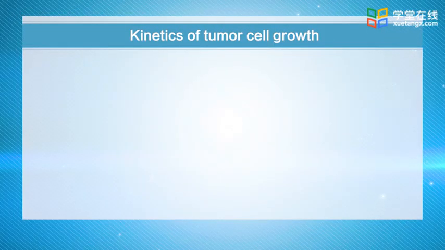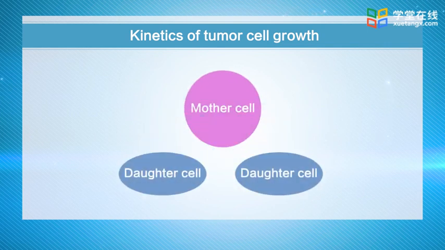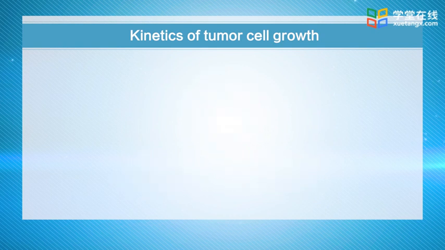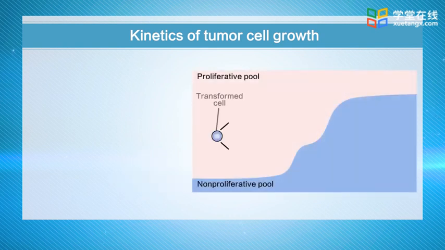Specifically, the kinetics is based on the measurement of the tumor doubling time, which means the time it takes for a cell to duplicate itself, like the time spent on the division of a mother cell into two daughter cells. The growth fraction of tumor cells means the percentage of cells within the tumor that are growing.